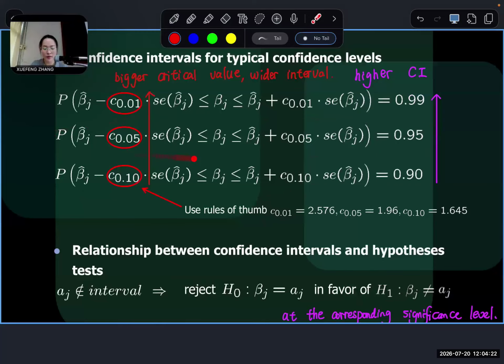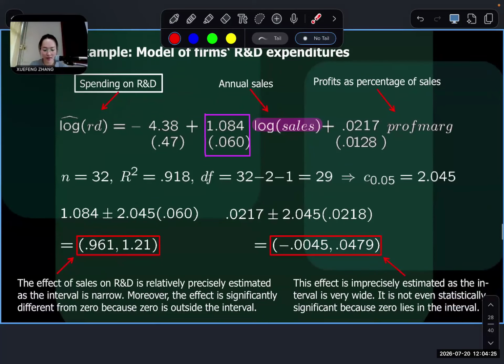This time we choose the 5%, right? So here, 1.084 is our estimated result, plus or minus critical value times standard error. You have to know how to calculate this one. This is the confidence interval for log sales, right? And then we got 0.961 to 1.21.